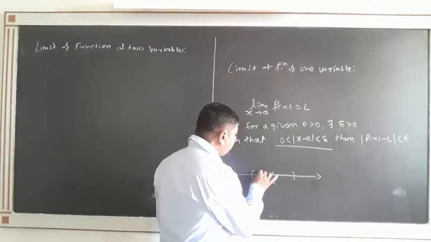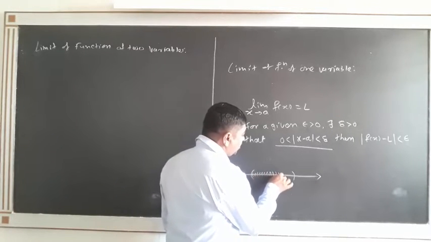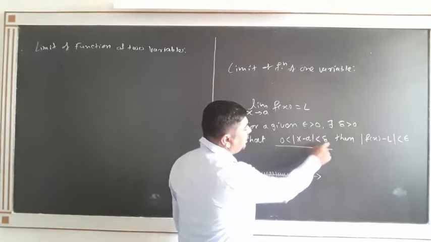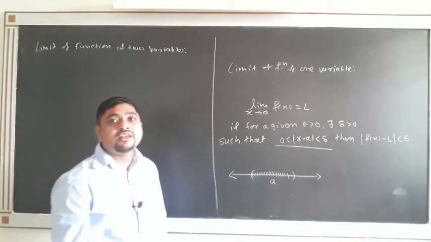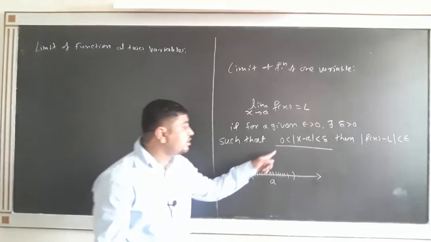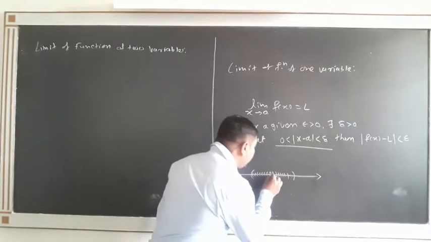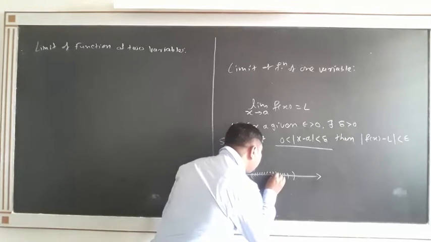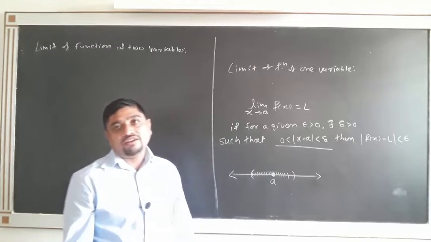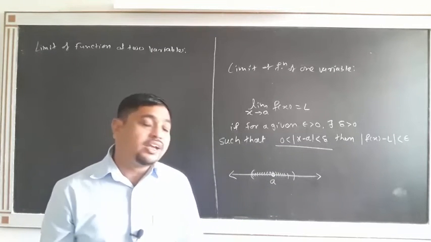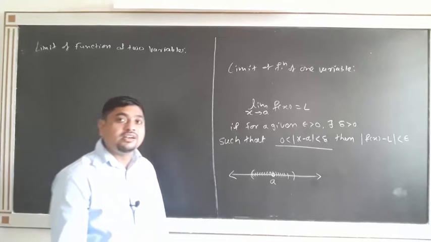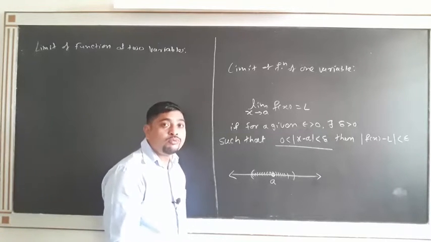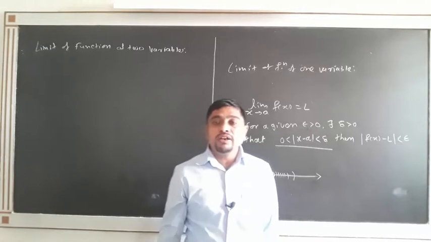That is, it contains the set of all points having distance less than delta, but not 0. That means it does not contain the point a, and we can say that it is a deleted neighborhood.